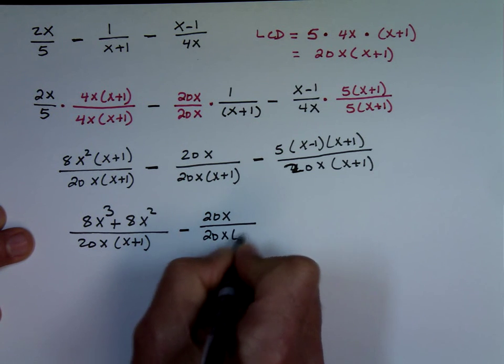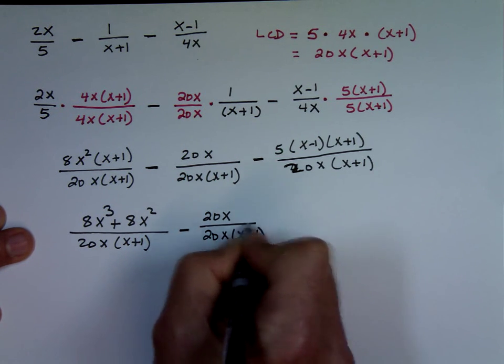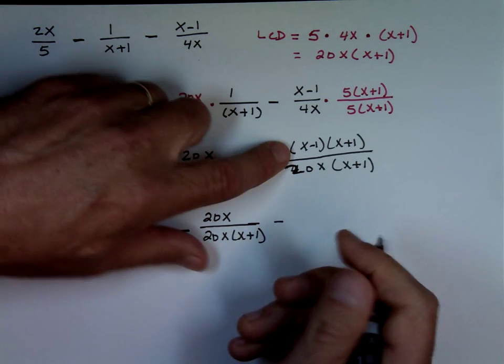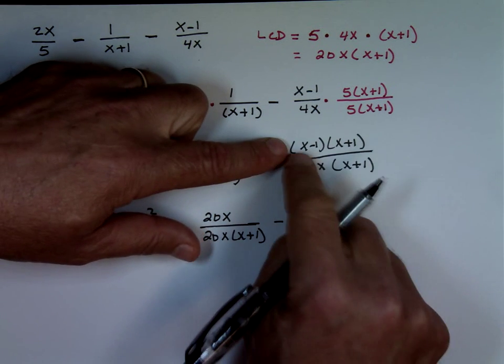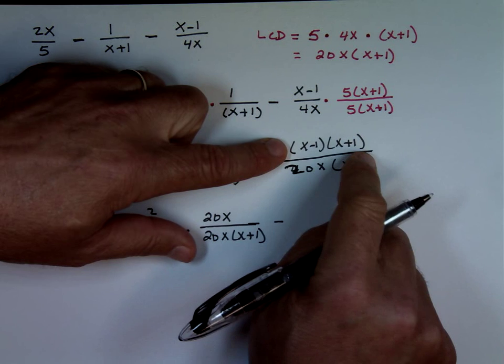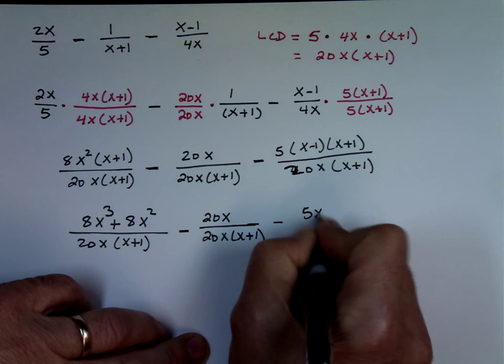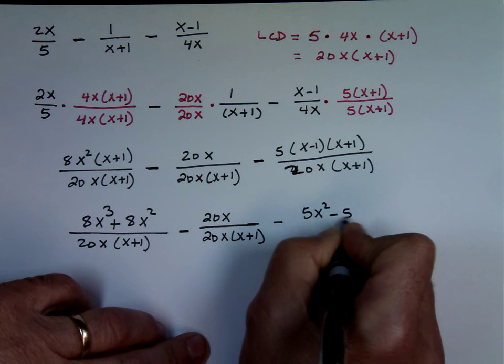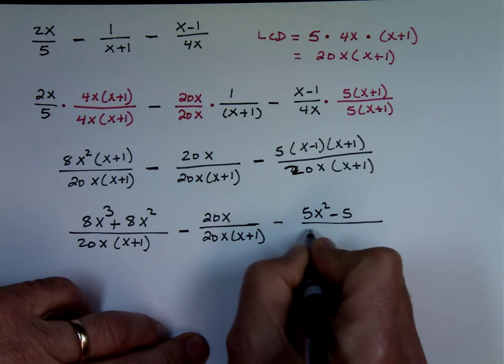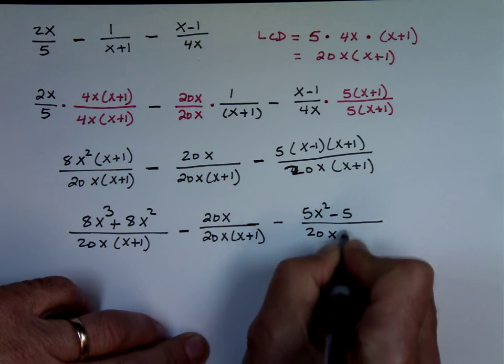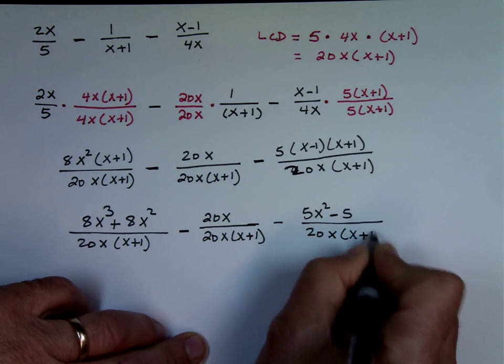If I multiply these two without the 5, that's x squared minus 1. Multiplied by the 5, that's 5x squared minus 5. Again, do the FOIL method with x plus 1 times x minus 1. Multiply these two first. Get your answer multiplied by 5. You end up with that.